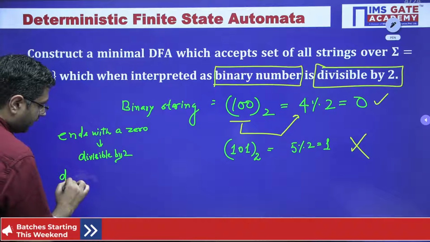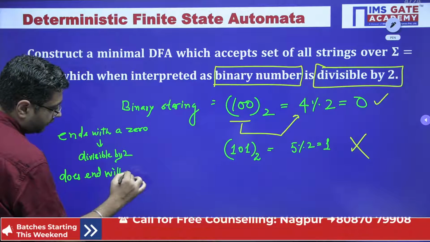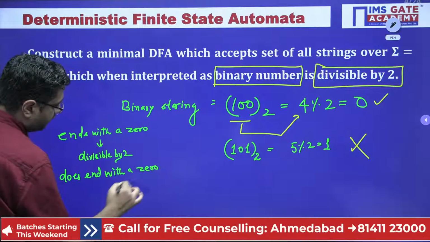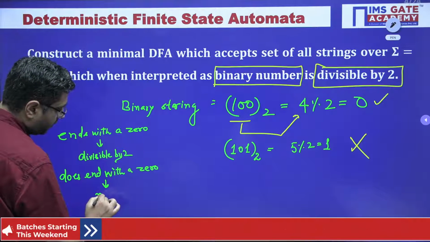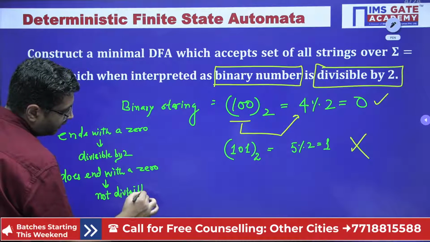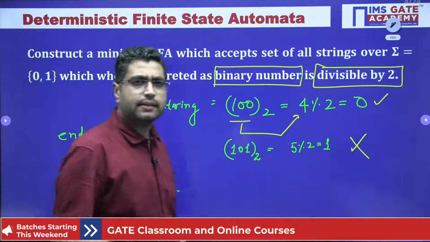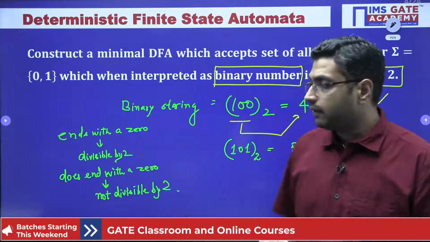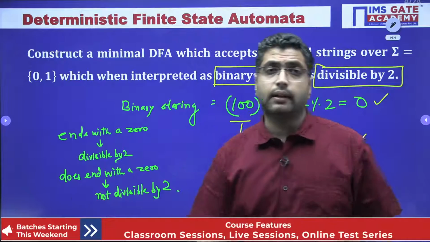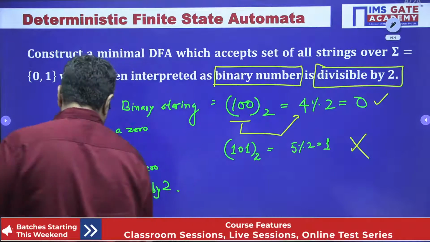If it does not end with a 0, then it is not divisible by 2. So using that concept, I can simply draw this DFA. It is just like making the DFA for strings ending with 0, then we'll get the answer, right? So let's try to draw the DFA.